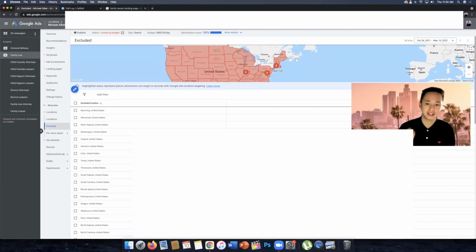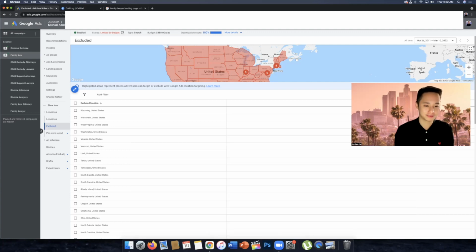It's red. That means our ads are not going to show up in those areas. And if someone in our area is searching for a lawyer out of state, let's say they do live in your area, but they're calling for maybe their friend in California, that means our ad is not going to show up as well.